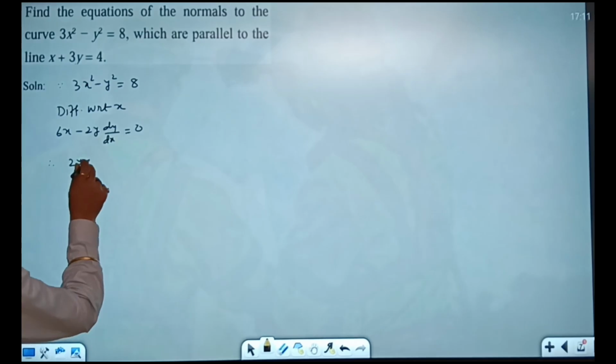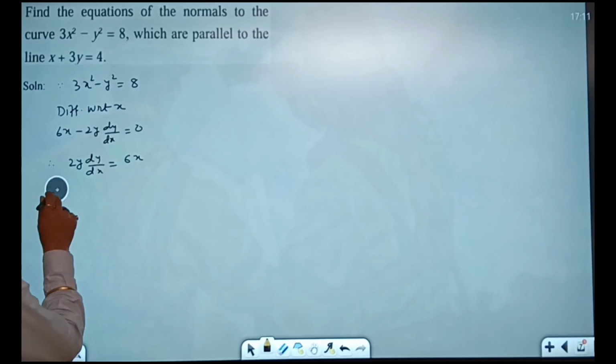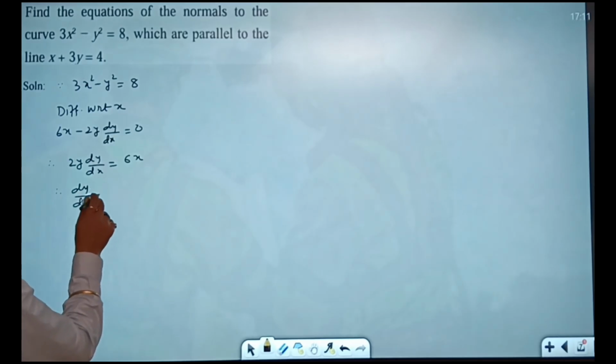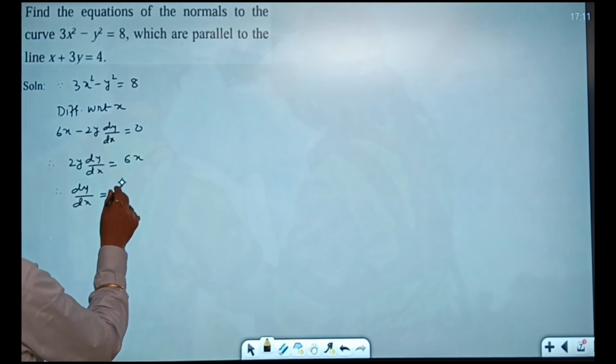So 2y dy by dx is equal to 6x. So dy by dx is equal to 3x upon y.